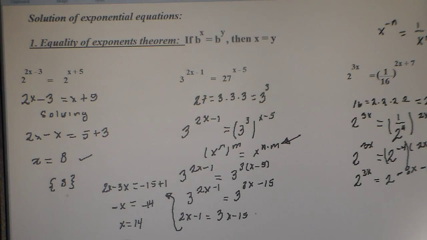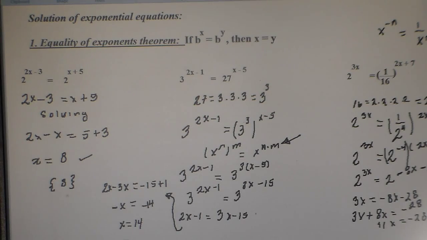Now we have the same basis. We can do 3x equals negative 8x minus 28. We bring this negative 8x to the left, and 3x plus 8x equals negative 28. This will be 11x equals negative 28.